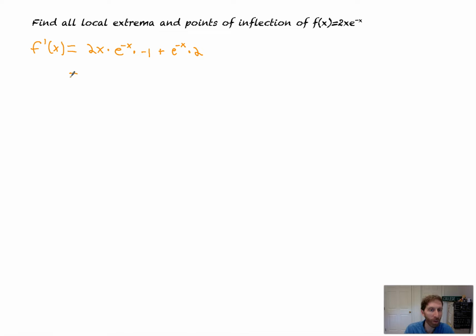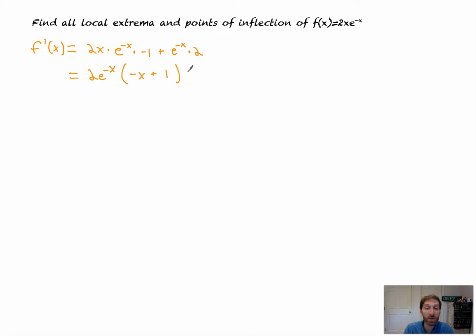So now from here, what we've got is this really funky looking function, but I always recommend, especially with e, because e doesn't go away when you take the derivative, to factor it out in the greatest common factor. You have a 2e to the minus x in each term. So we're going to take out 2e to the minus x. You'll be left with x times negative 1, or minus x. This is just 1, because 2e to the minus x times 1 would get us back to here. And so now what we have is very simply the derivative, but factored.